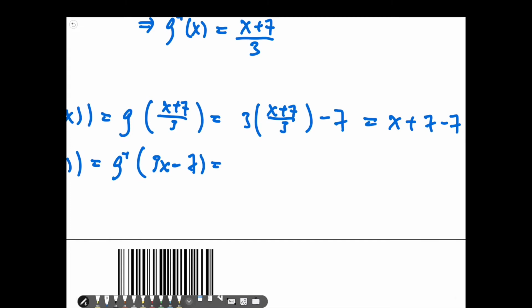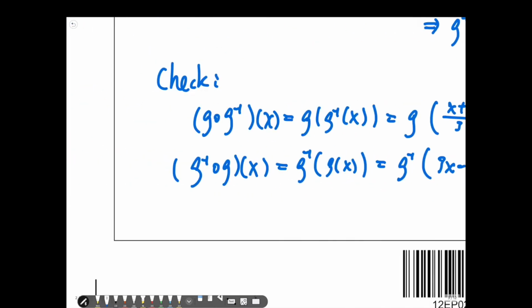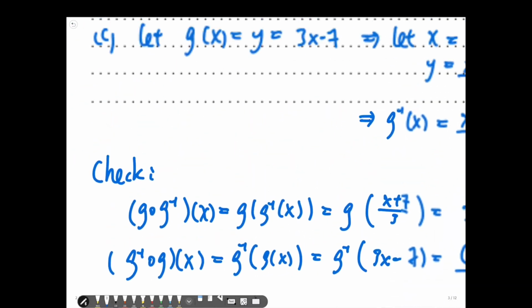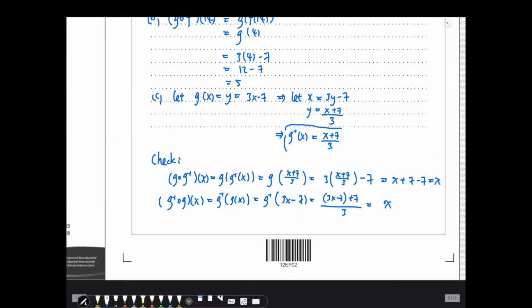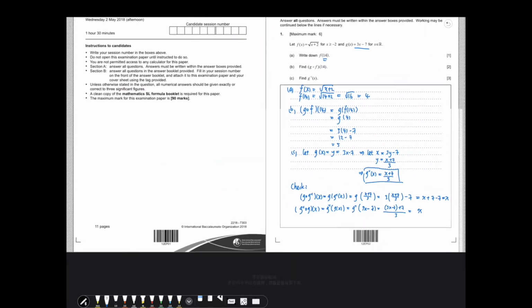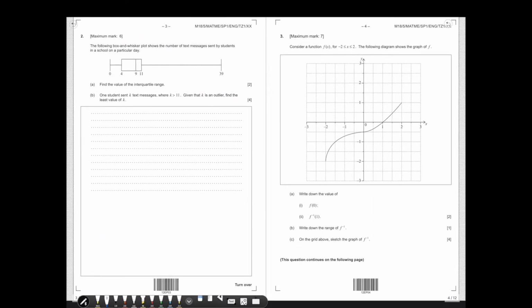So that is 3x minus 7, plus 7, over 3. So that is just x. So both are correct, just equal to x. So that is our inverse function. That's all for question 1, and now we go to question 2.